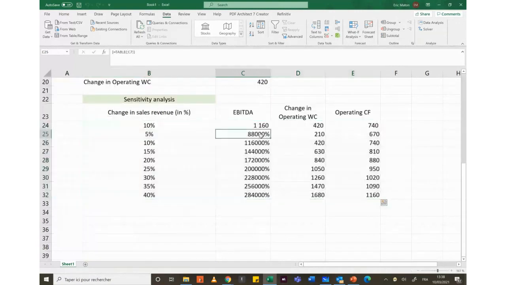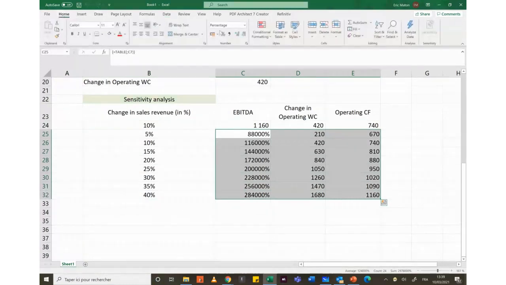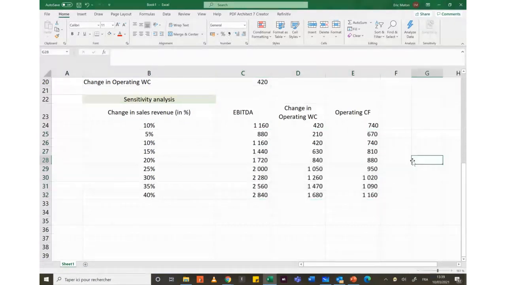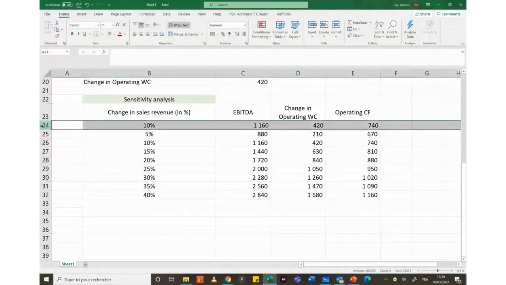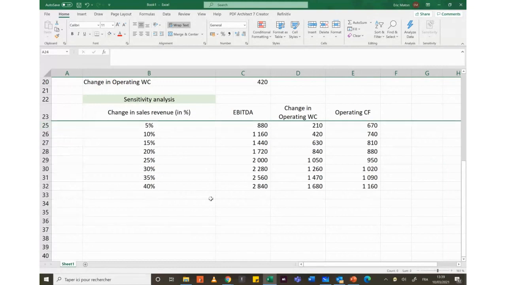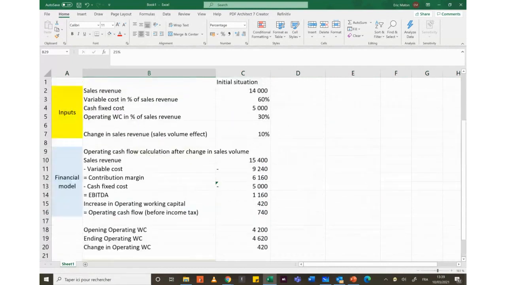So here we have not in percentage but in value, and here the situation, and here we can hide this one. We don't care about this line. And now we have the different situation. So here the situation will increase, so it's not enough. I will change this one.